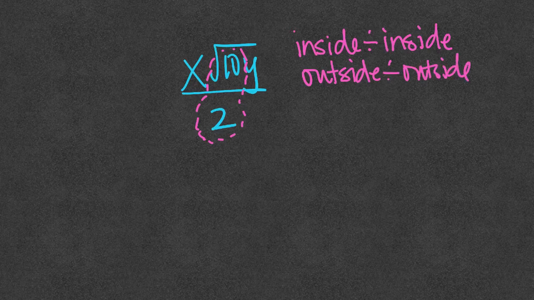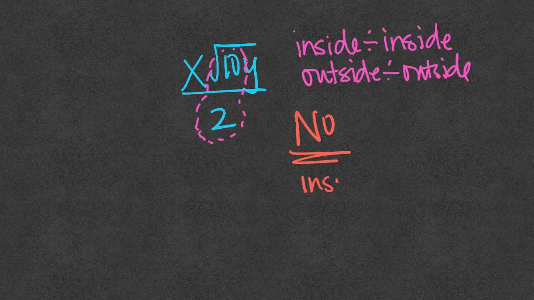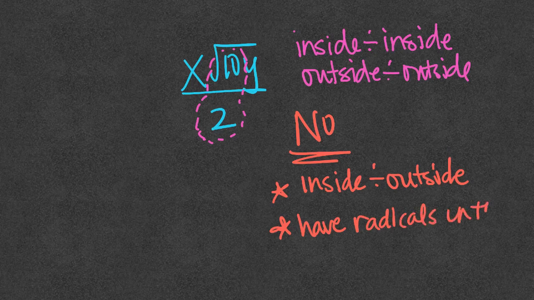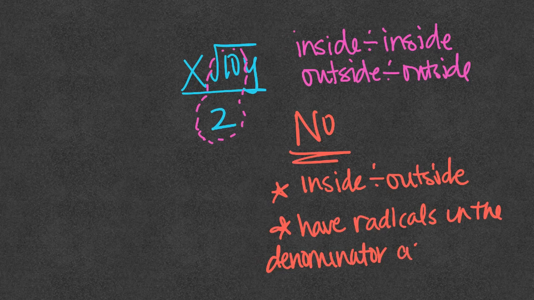So where's my red that we can use again? You cannot do inside divided by outside. And then you also cannot have radicals in the denominator as your answer.